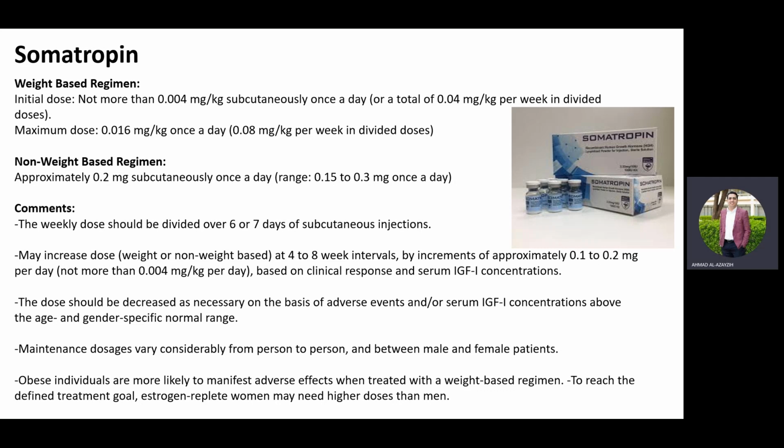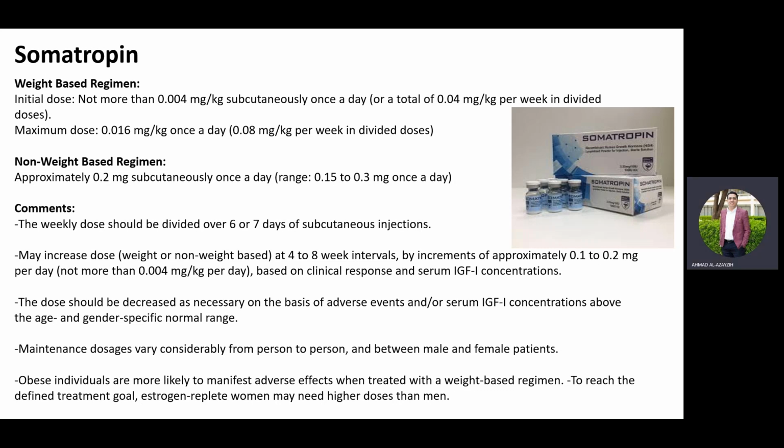Also, we have different diseases that we can use somatropin for, such as Turner syndrome, not only growth hormone deficiency, Turner syndrome, Noonan syndrome, as well as other types of growth hormone deficiency diseases. Of course, the weekly dose should be divided over 6 or 7 days of subcutaneous injection.